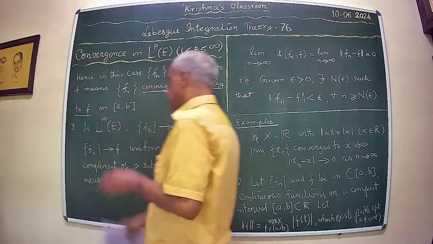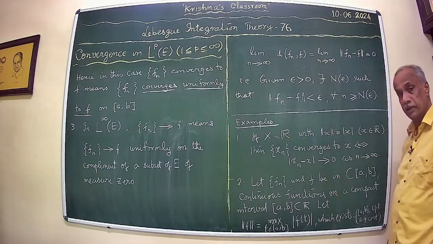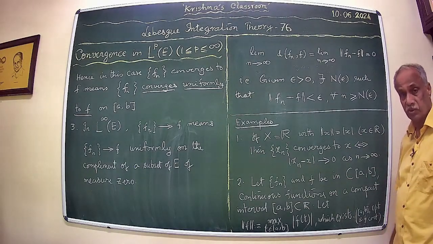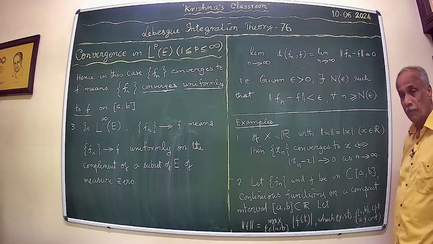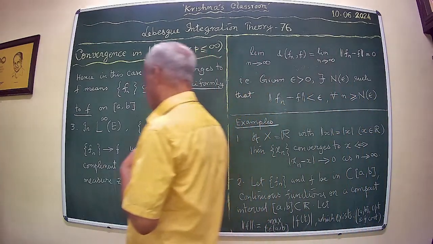That means except possibly on a set of measure 0, on the complement of that, the sequence converges to f.